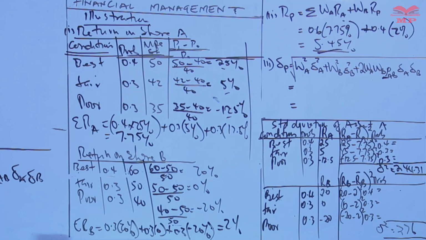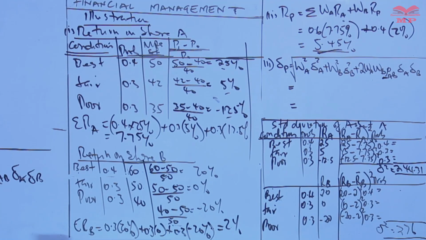And someone just asked here, Lincoln asks, what is the meaning of perfectly positively correlated? Perfectly positively correlated means that the relationship, first of all, let me just take it from the beginning.